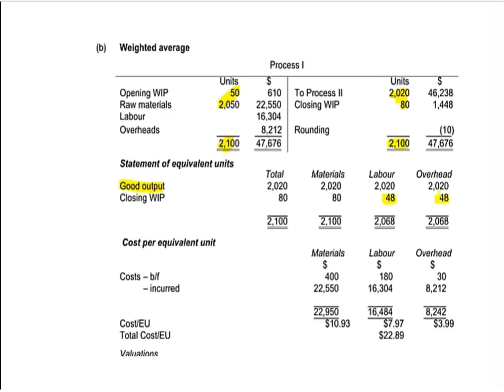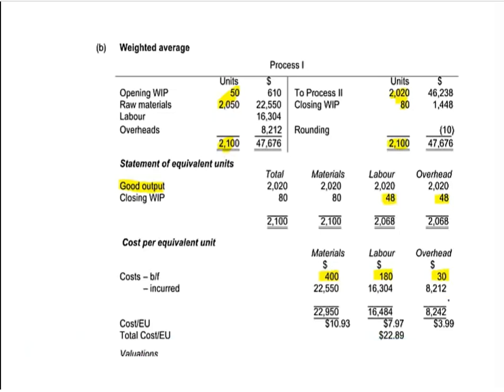The difference arises then when we're doing our cost per equivalent unit, because we have the breakdown of the $610 for opening work in progress. So because we've said that all units are equally likely to be completed, we have to add in the cost brought forward in opening WIP when we're working out the cost per equivalent unit.